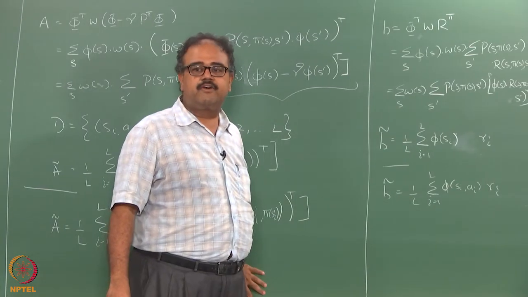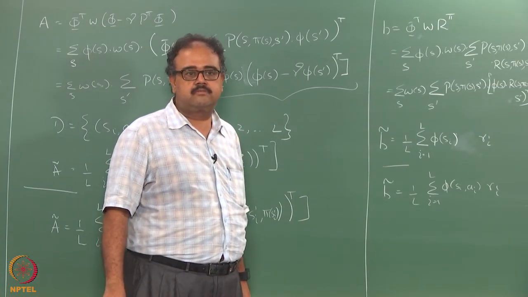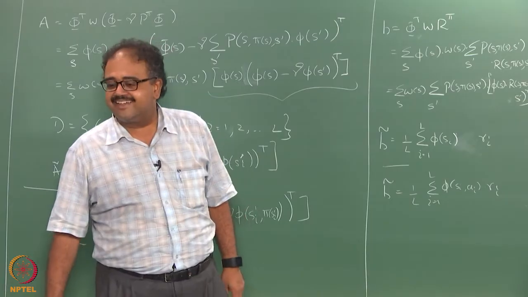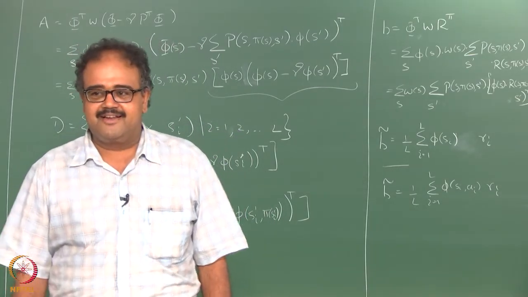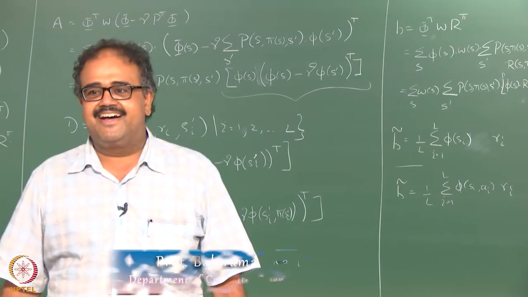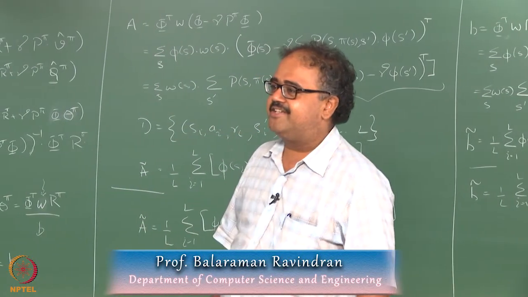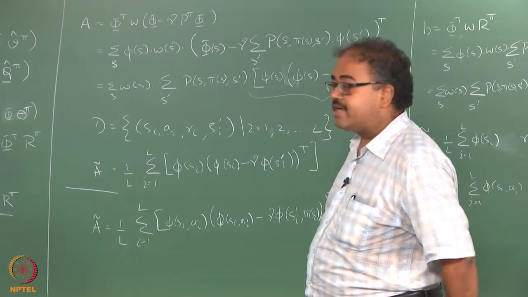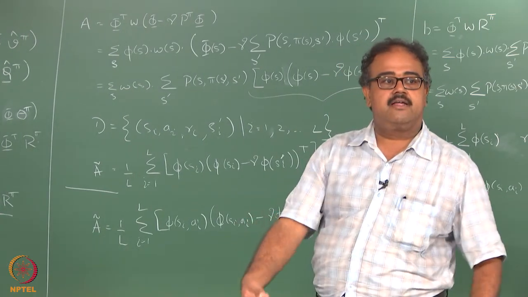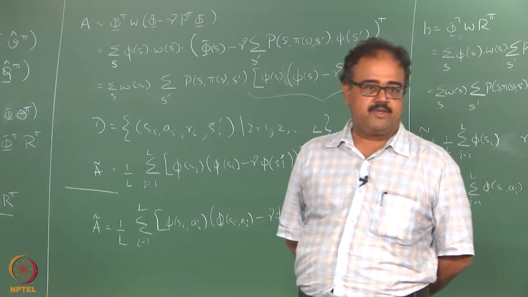When you operate with the Q function, it is called LSTDQ. Okay. So you have LSTD and LSTDQ, and you also have an LSTD lambda, where you do this for TD lambda as well.